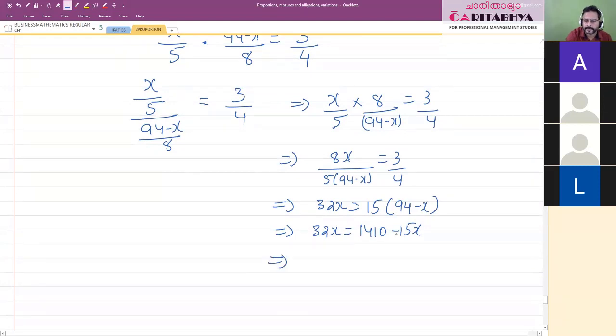So 32x plus 15x, 47x is equal to 1410. So x is equal to 1410 divided by 47 equal to 30.